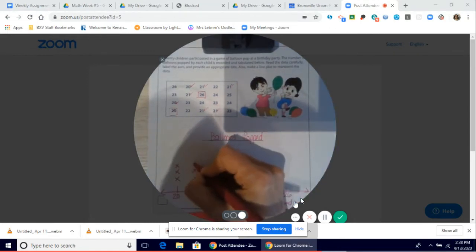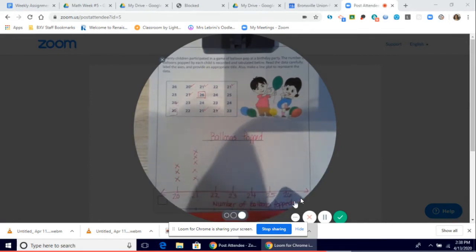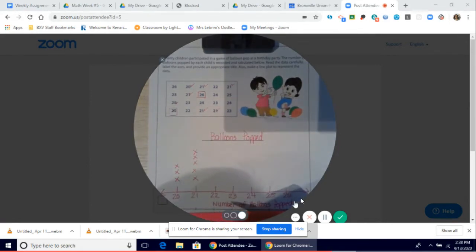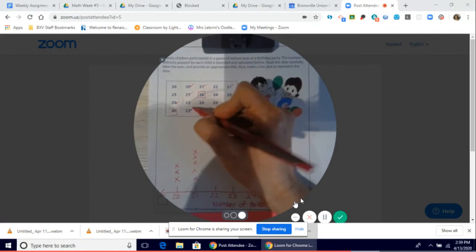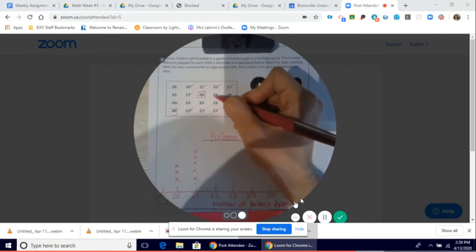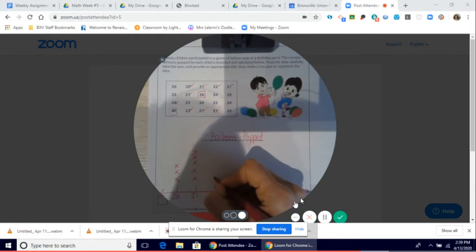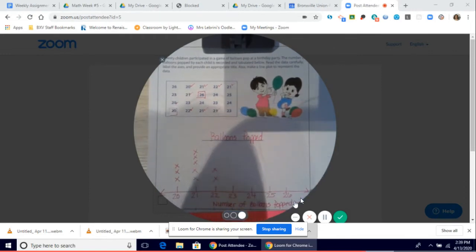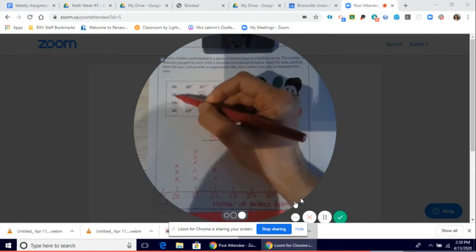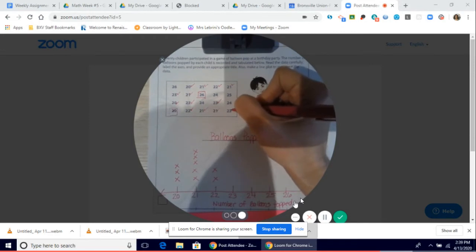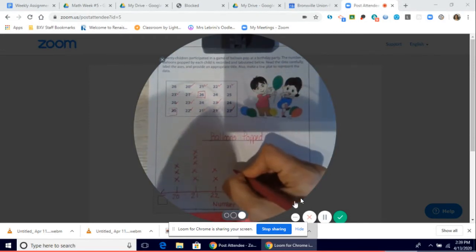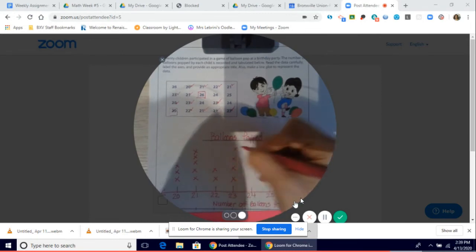If you notice, as I'm figuring out how many X's for each time, I'm checking it off to make sure I've accounted for everything. So 22, how many times do I see 22? So that's 1, 2, just 2. Okay. 23. I have 1, 2, 3, and 4.